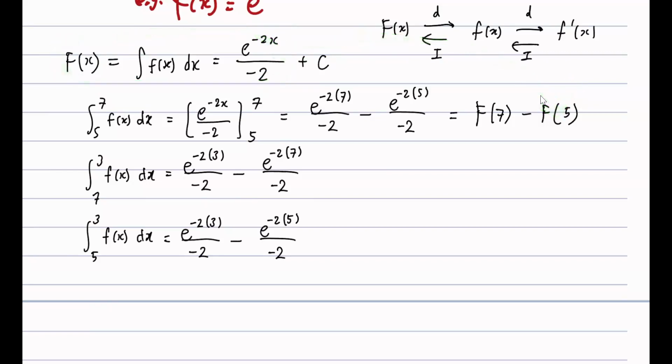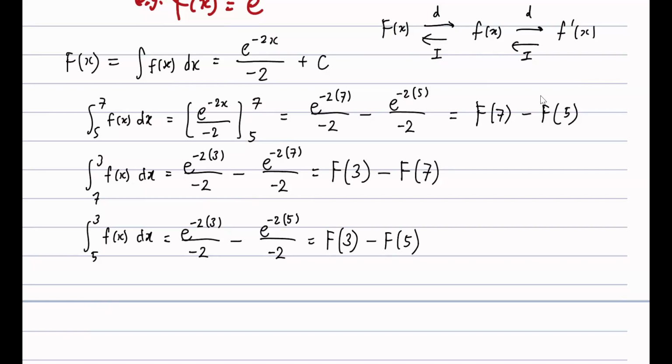Likewise for this one: capital F of 3, because I substitute the upper limit, minus capital F of the lower limit, 7. Good. Last one: F of 3 minus F of 5.